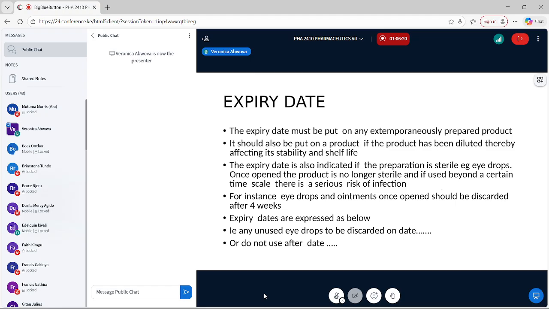Then we have the expiry date. This must be put on any extemporaneously prepared product. It should also be put on a product if the product has been diluted, thereby affecting its stability and shelf life. If you have a scenario whereby, for instance, you are reconstituting an antibiotic powder, okay?